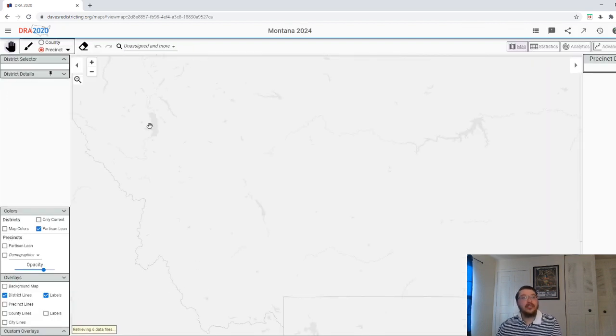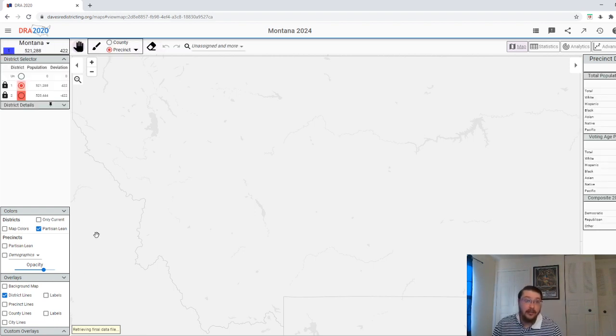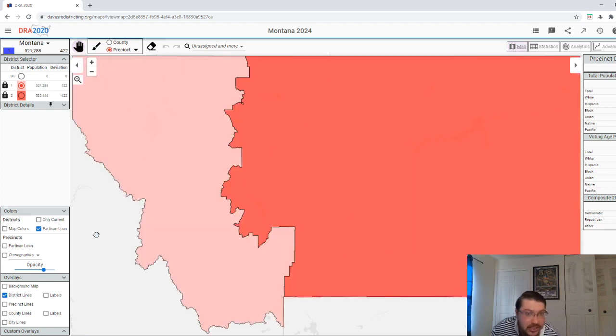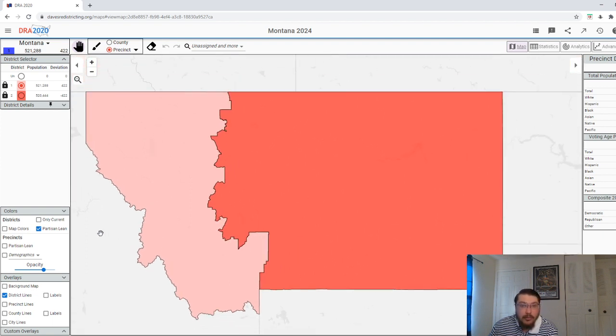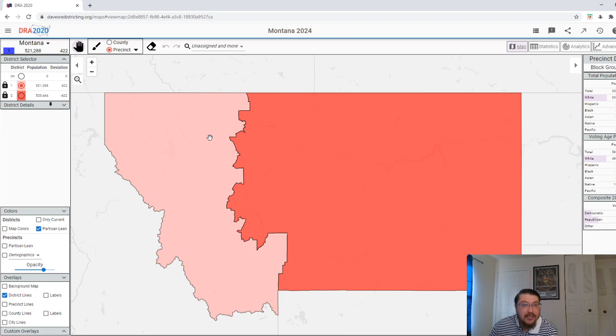Montana was an interesting one because Montana is getting an extra district. This is, other than Florida, the first state to get another district, and this is unusual in that it's a small state getting an extra district. And I'm not sure if I could make it any more favorable to the Republicans. This is the first district, and this is the second.